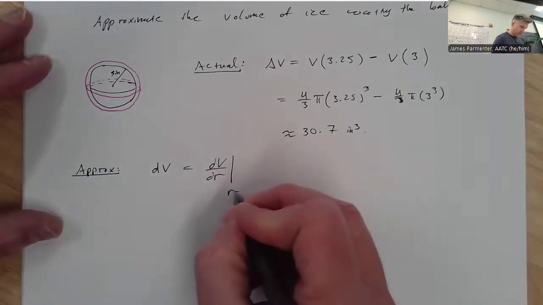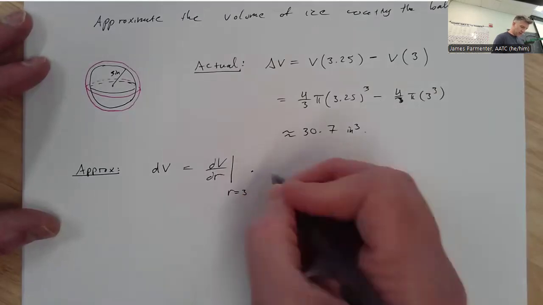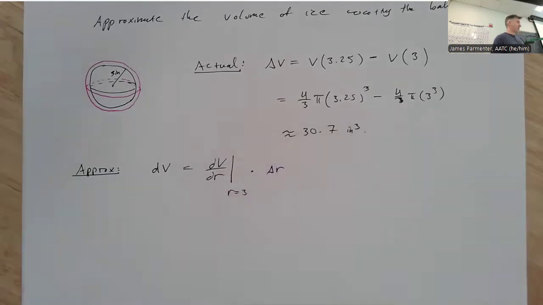We're going to plug in R equal to 3 multiplied by our delta R, how much the radius is changing by. Now, I feel like this example makes a lot of internal sense because our derivative here is the surface area. So you're saying, okay, I'm taking the surface area and essentially multiplying it by the thickness. That seems like it would give you a pretty good estimate of how much volume there was. It's not perfect because the radius isn't always exactly 3, but it's a good estimate.